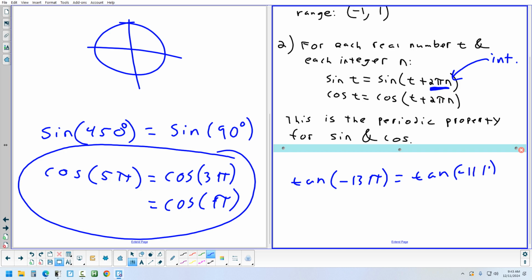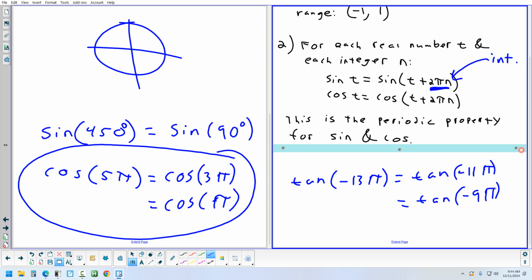Negative 11 pi. Okay, again, I still don't like that one because it's negative. So I could add another copy of 2 pi, and I would be at which angle that's getting closer to being positive? Negative 9 pi.